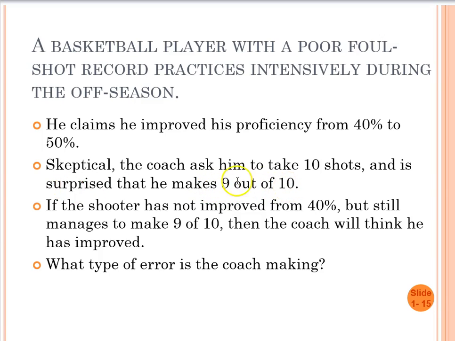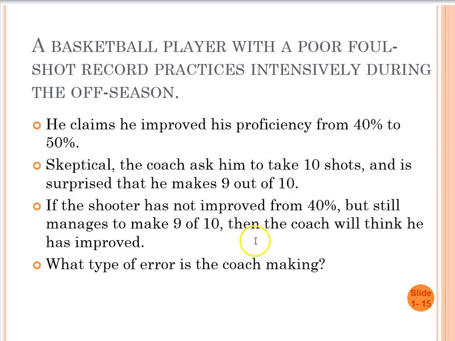Is that enough evidence to say that he's actually increased his shooting proficiency? So if the shooter has not improved but still makes 9 out of 10, that's possible. It is probable to still get 9 out of 10 shots, even with this poor shooting percentage.